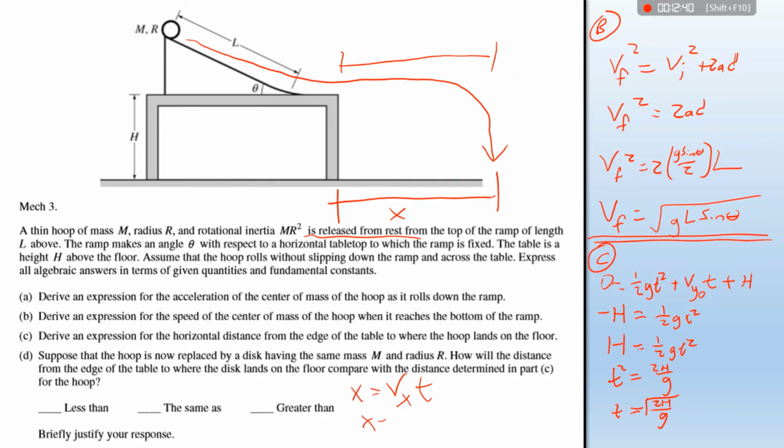Our horizontal velocity will be equal to the velocity that we got in part B. So that was our final velocity as we came down the ramp, right? It'll all be horizontal once we leave the table. So that is root gL sine theta times root 2h over g. That's actually inside the root.